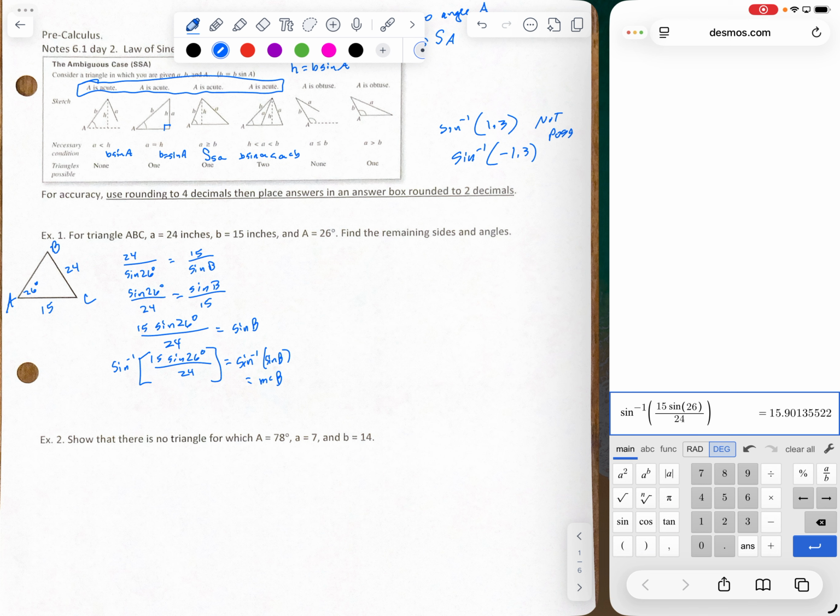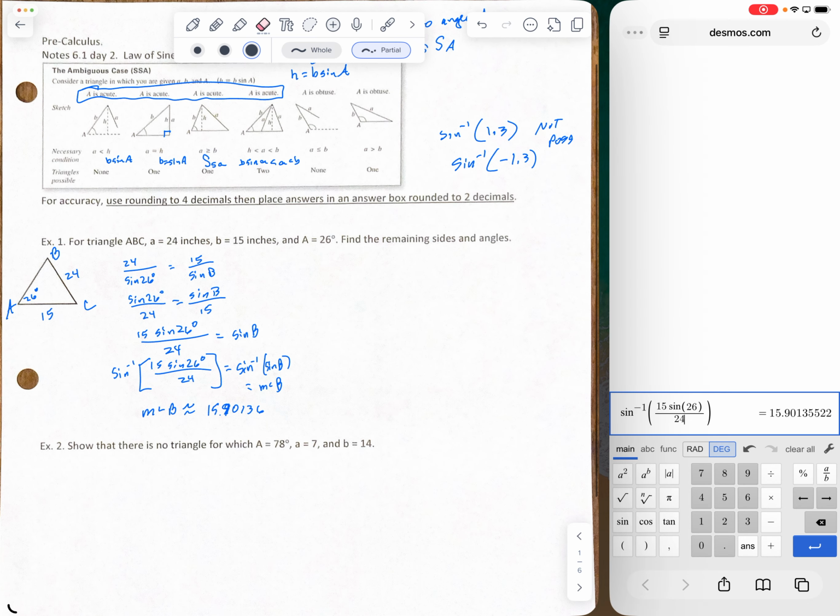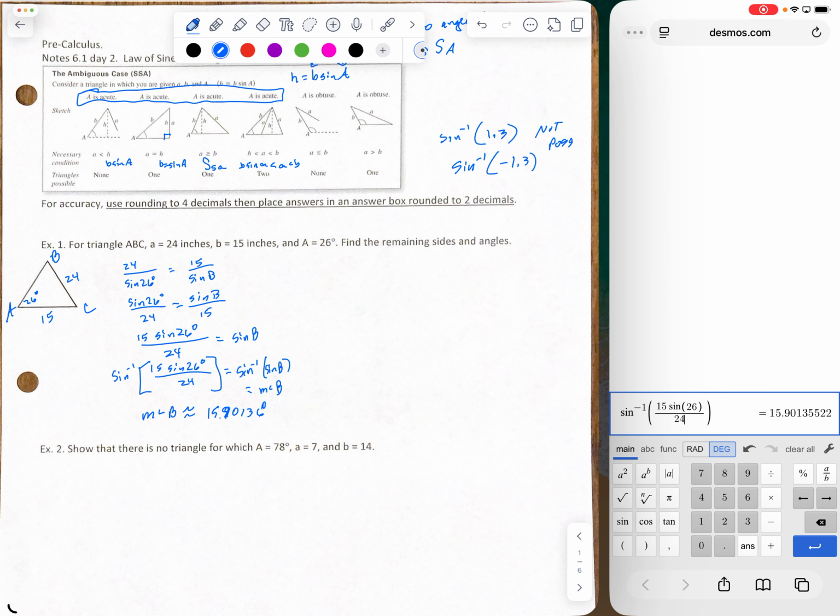And so if we clear it all, and we just have 24 sine 138.09865 divided by sine 26.